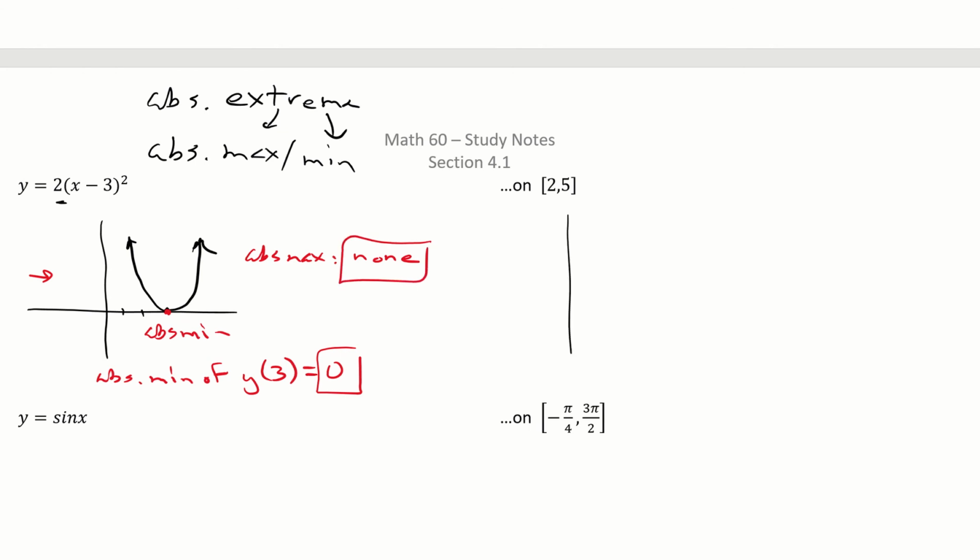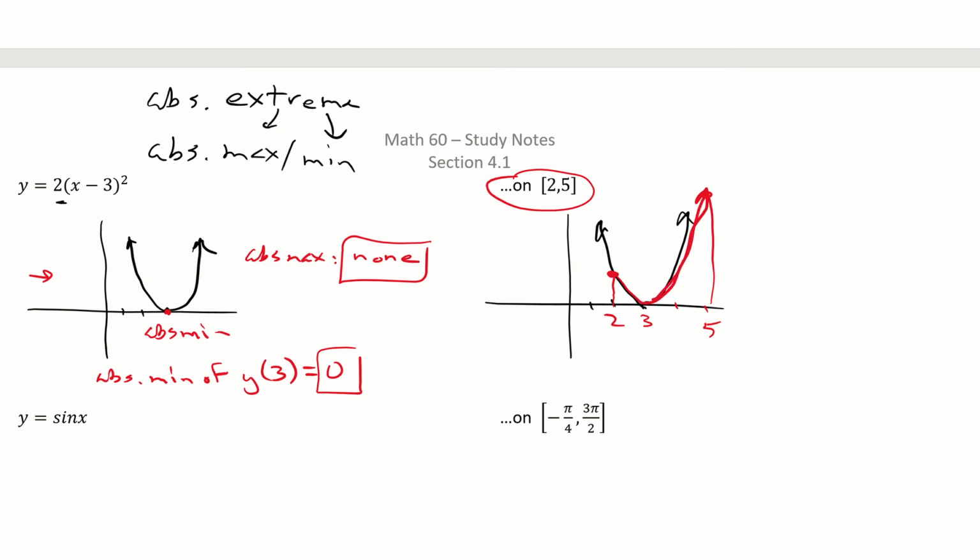However, if you take this same guy, 1, 2, 3, and let him spring upward this way, and this time you restrict his domain, you see the game? You restrict his domain to 2 and 5. Then if you go to 2 and up, you're here, and this is 3, and this is 4, and this is 5, let's say 5 is way up here, then you're looking at the curve looking like this.